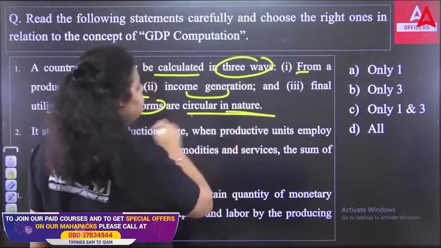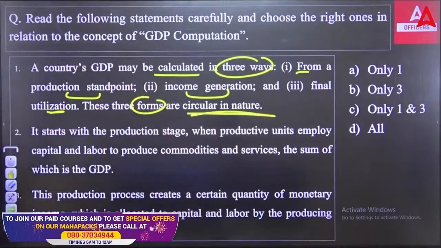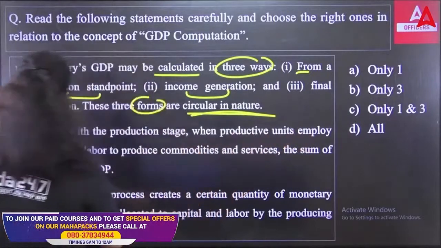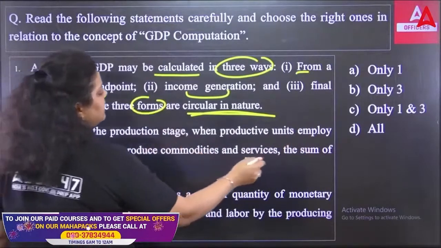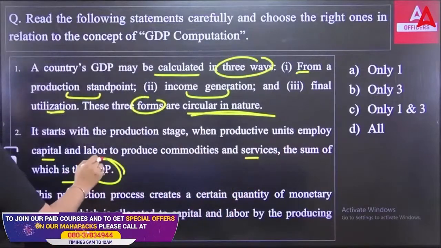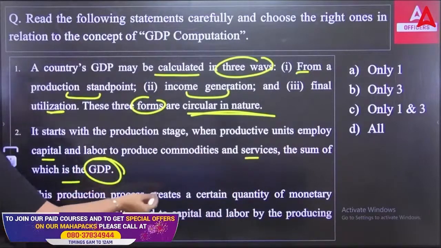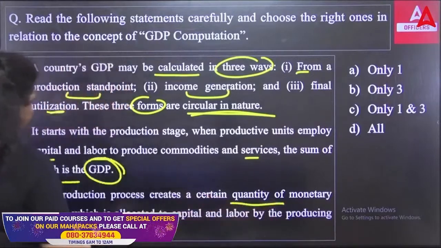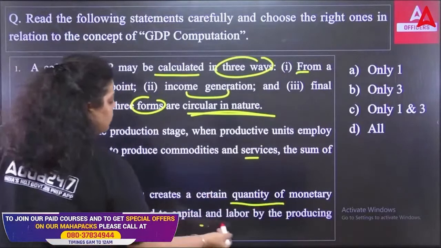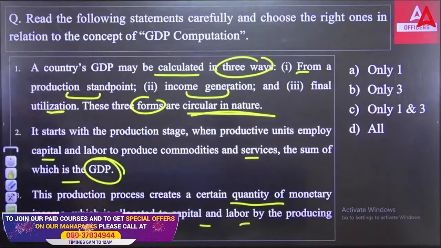These three forms are circular in nature. Third says it starts with the production stage, when production units employ capital and labor to produce commodities and services, the sum of which is called GDP. This production process creates a certain quantity of monetary income, which is allocated to capital and labor by the producing units.